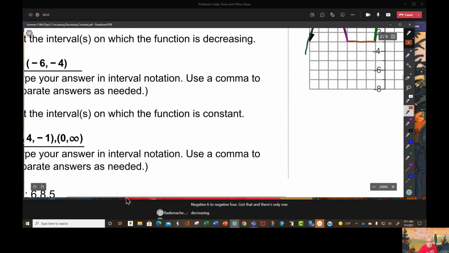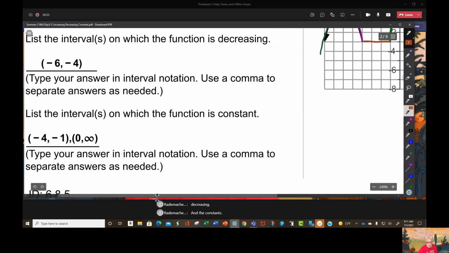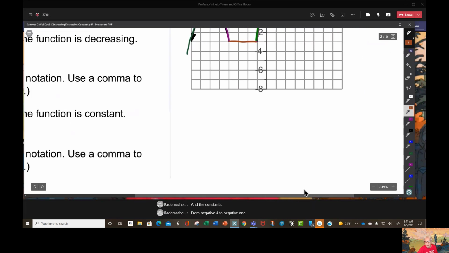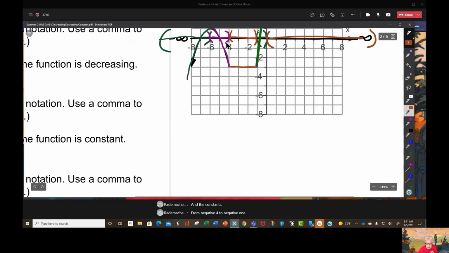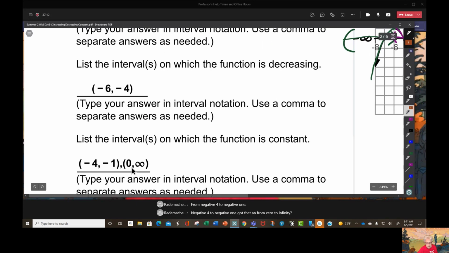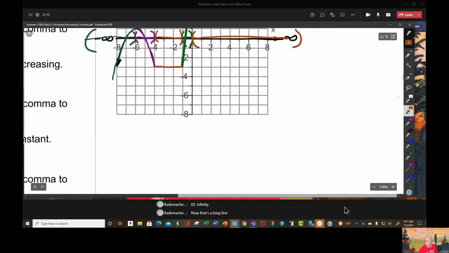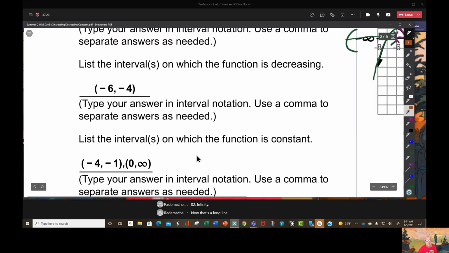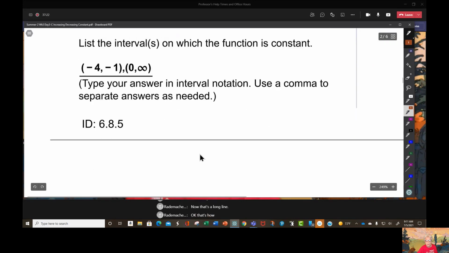And the constants from -4 to -1, got that, and from 0 to infinity. Now that's a long line. Okay, that's how you do this quickly.